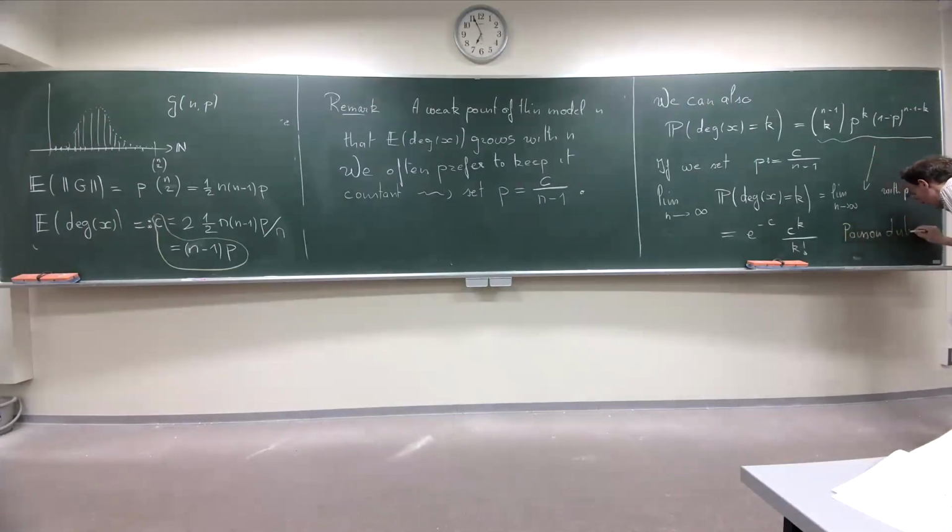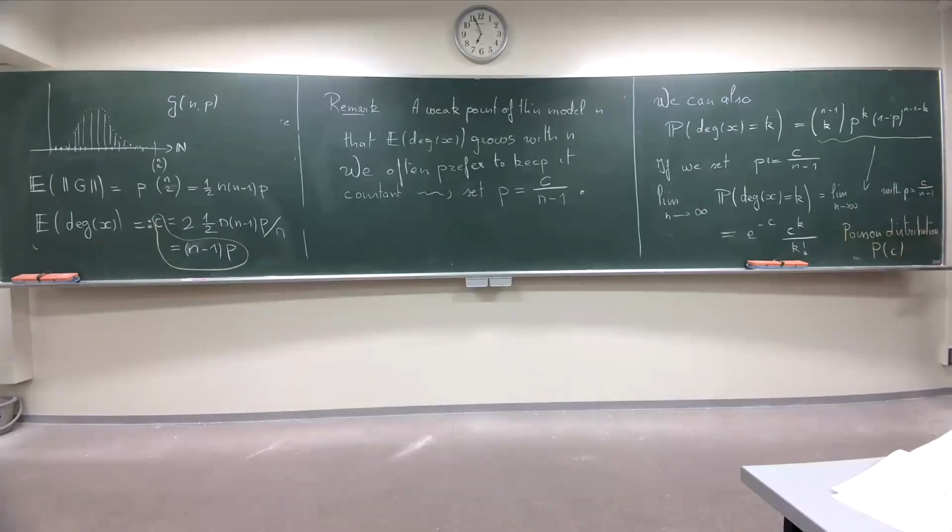And you observe that it depends only on one parameter, it's called p_c. It depends only on c. In the limit n goes to infinity, if you rescale this, you get the Poisson distribution.